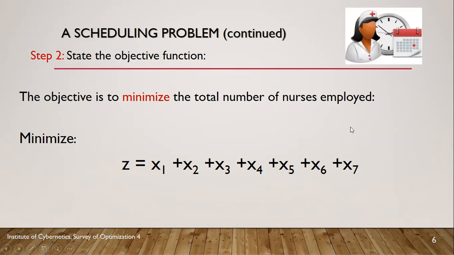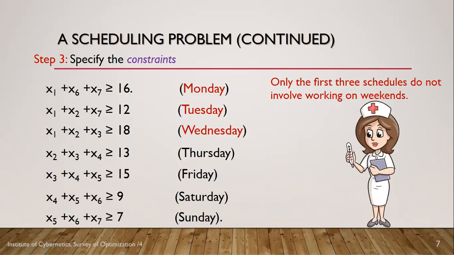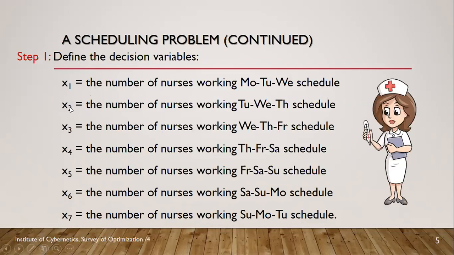Even more interesting, the situation stays with the specification of the constraint. To satisfy the requirement constraints regarding the minimum number of nurses working on every day, say on Monday, let's return to the definition.